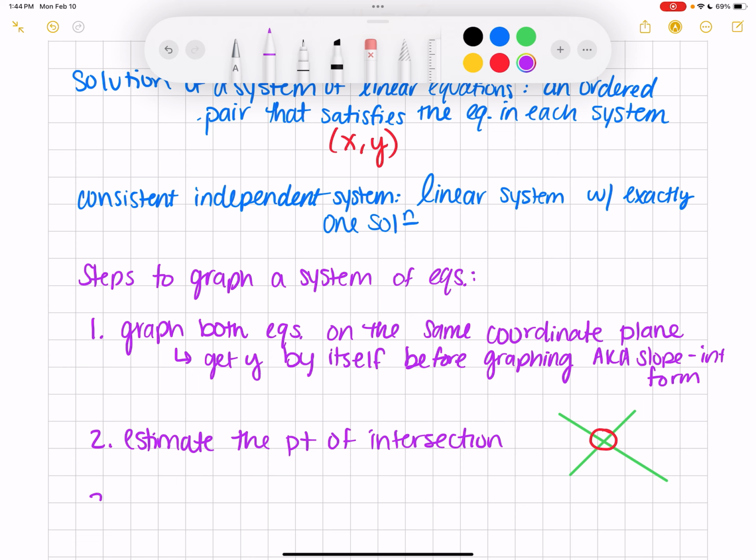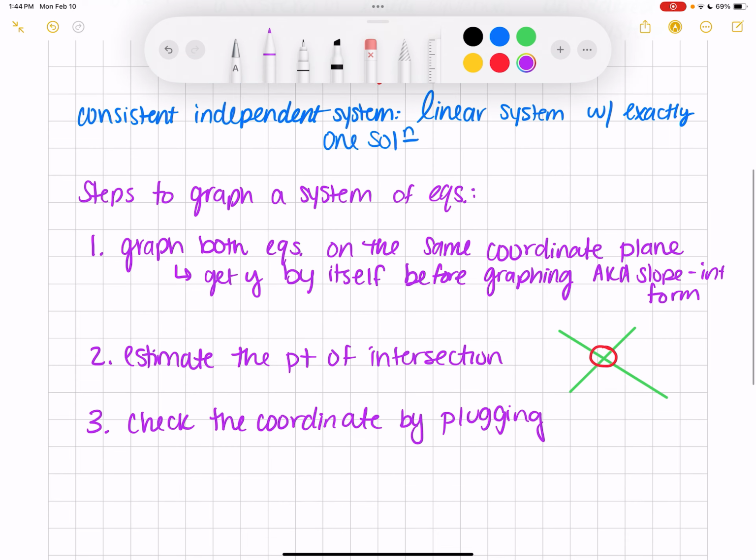And then step 3, check the coordinate by plugging it in to one or both equations and ensure it makes a true statement.